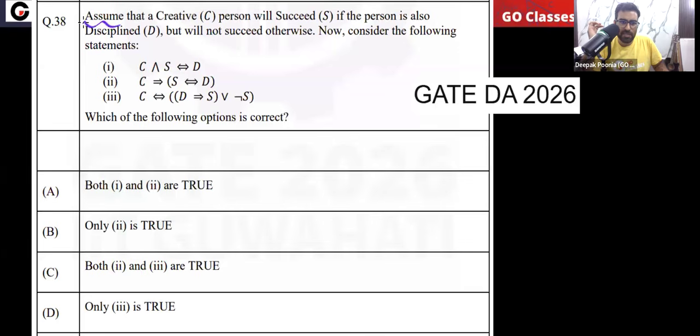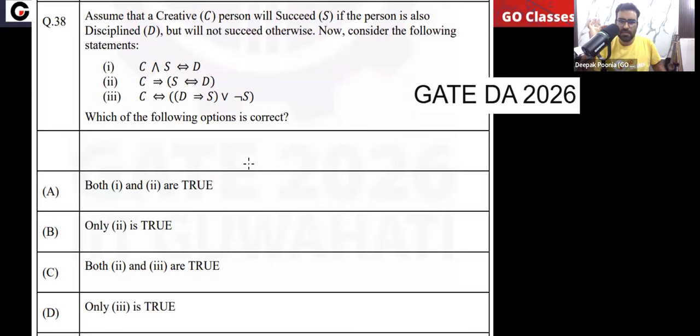Read this statement: assume that a creative person will succeed if the creative person is also disciplined, but otherwise that creative person will not succeed. Do you agree that this statement is actually only focusing on the creative people? This statement is making a claim about the creative people only. This statement is not saying anything about the non creative people.